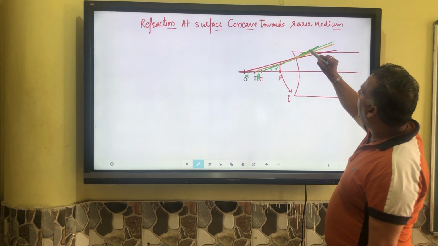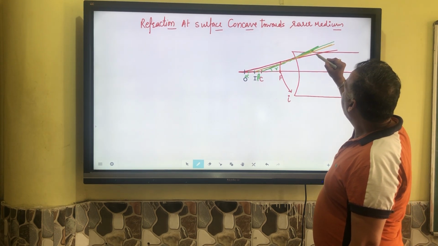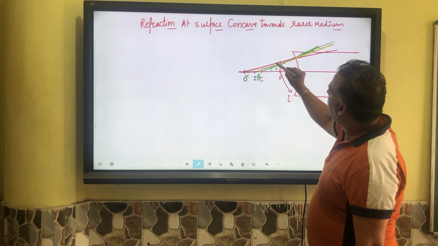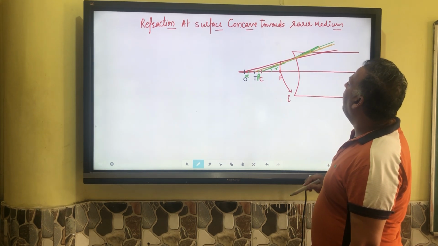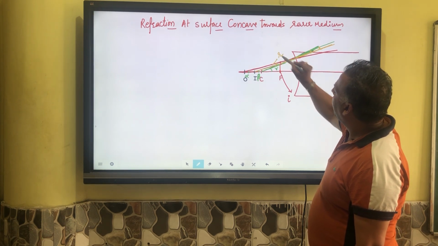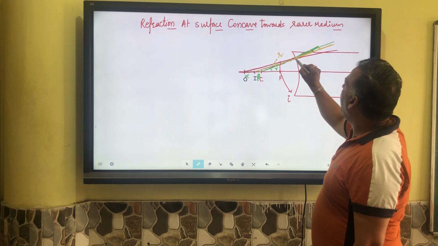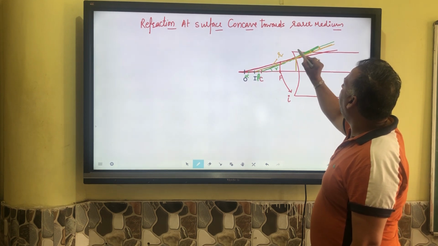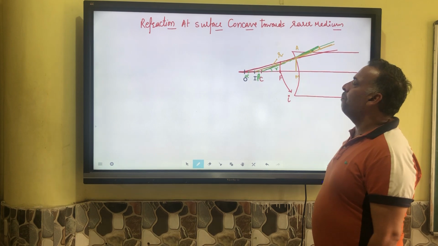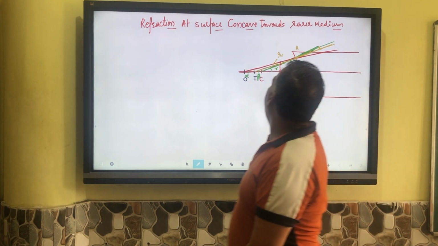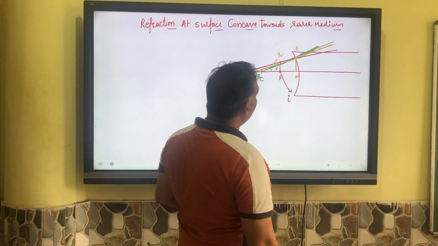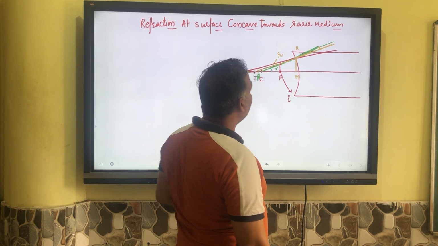So this angle is the angle R. And here we have drawn the normal from here. This is A and this is M. This was an angle, that's I.